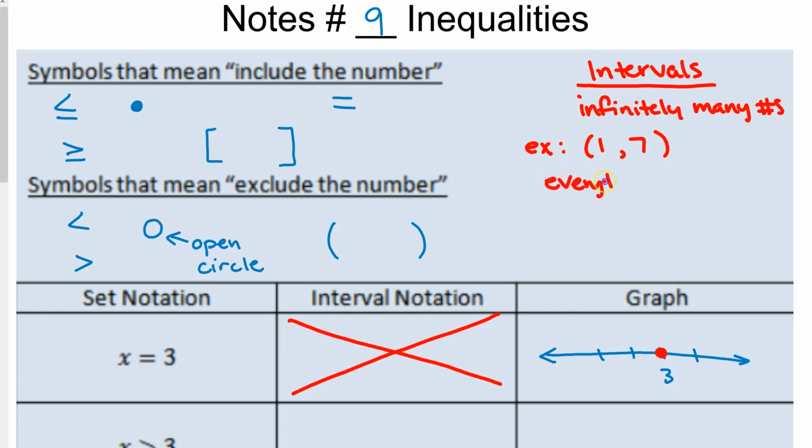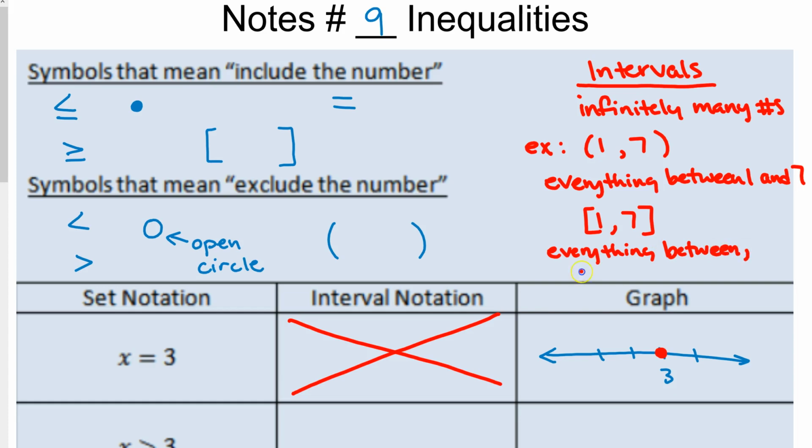Everything between 1 and 7. And if you had the interval with square brackets around the 1 and the 7, it's everything between 1 and 7, including the 1 and including the 7. So you see why we really can't express x equals 3 as an interval.